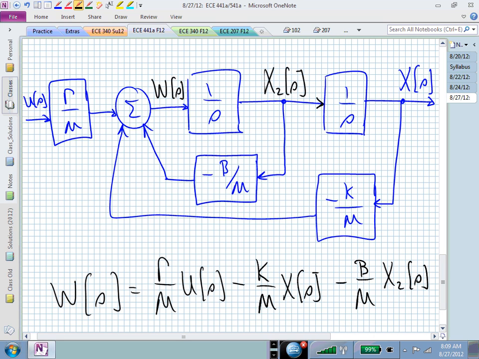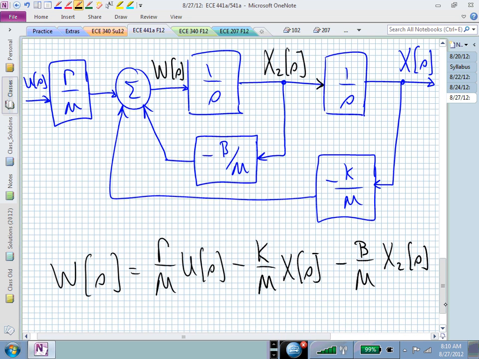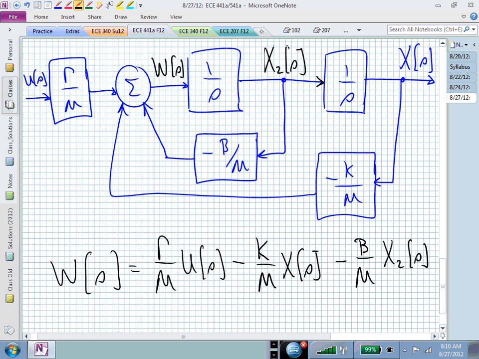Now what we want to do is try to rewrite some of those equations in terms of inputs and outputs. U is already an input, and X likewise is a variable that we know. X sub 2 is one of the variables that we don't yet have expressed in terms of outputs or inputs.